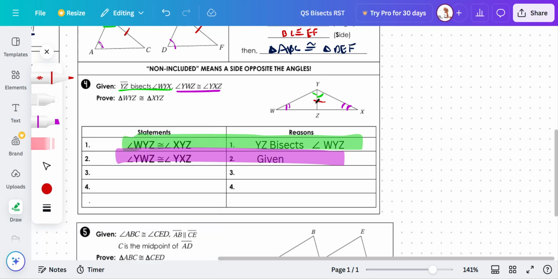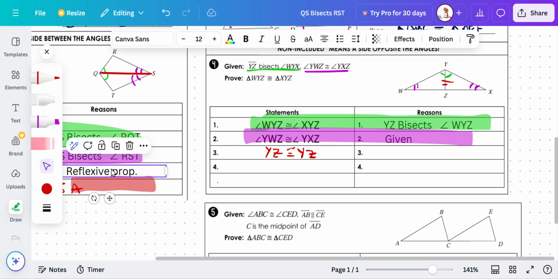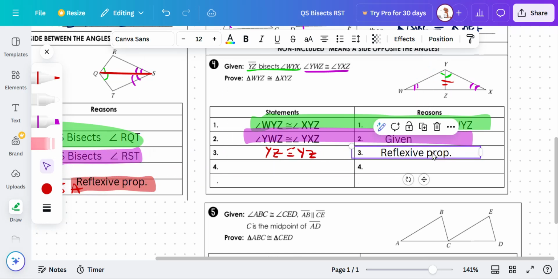So we know that this YZ has to be congruent to itself. So we can just do that. So YZ is congruent to itself, which is called, and I'm gonna cheat, ooh, the reflexive property.